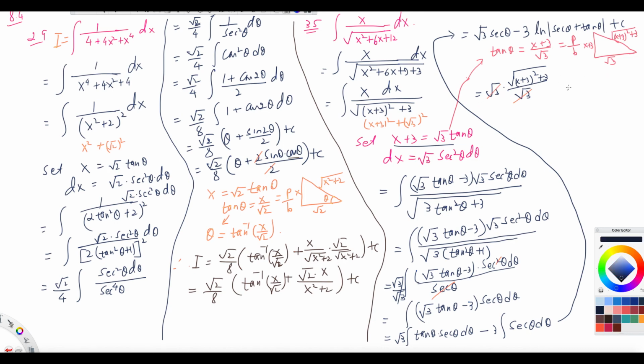And then minus 3 natural log of, what is secant theta? Secant theta is again root x plus 3 square plus 3 over root 3, plus tangent theta. Tangent theta is x plus 3, perpendicular over the base, right? So that will be x plus 3 over root 3, plus c.